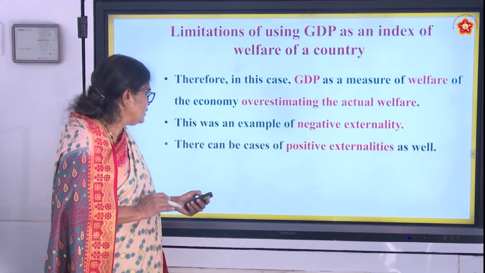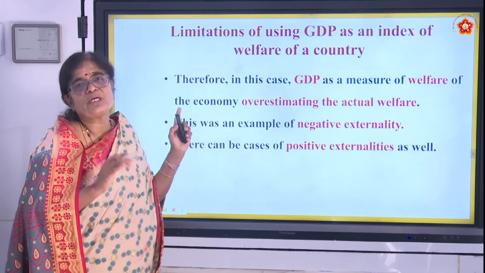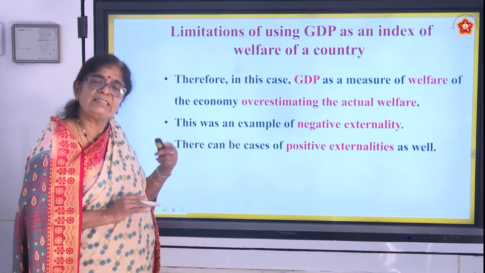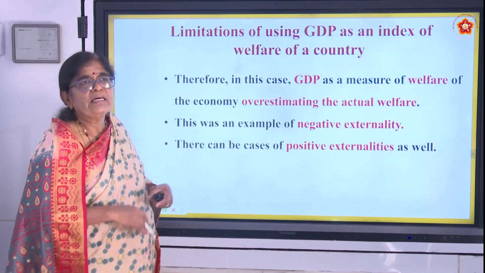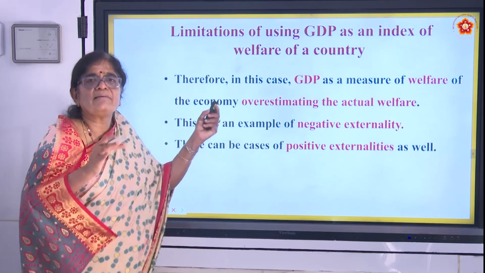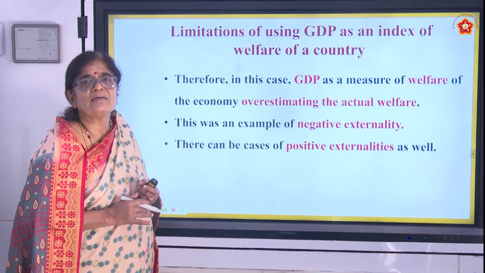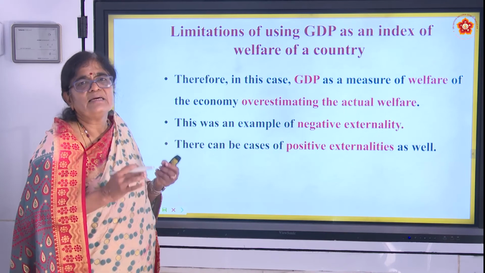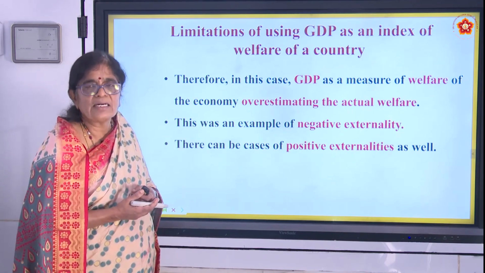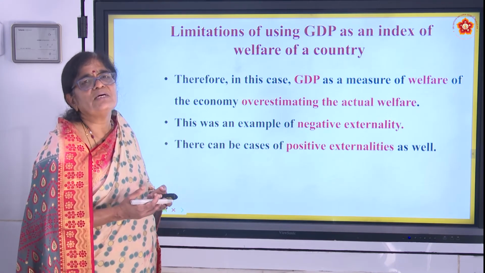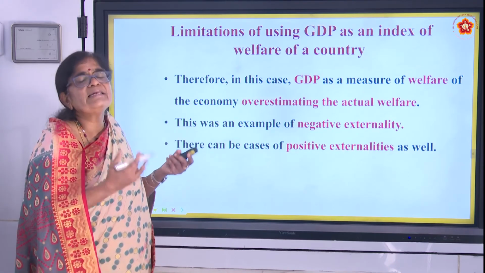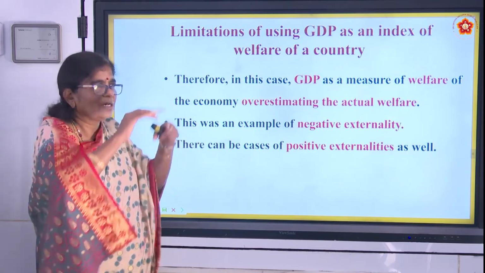And then there can be positive externality. I said two types of externality, positive and negative. For instance, in your locality there is a flower garden, a large acreage of roses, all fragrant, with very sweet scent emanating from the garden. So many honeybees are there, and it is so recreational to see it early in the morning.